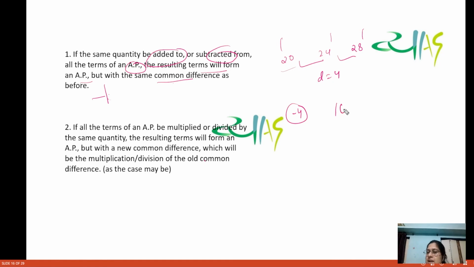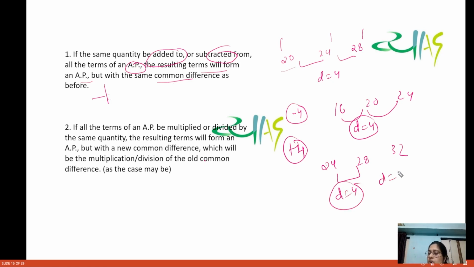So what will these become? 16, 20, 24. So again this is an AP and common difference is 4 only. और अगर आप इसमें कुछ ऐड भी कर देते, for example if you add 4 to this, then you have 24, 28, 32. So common difference is 4 only. Okay, so what you will add here?